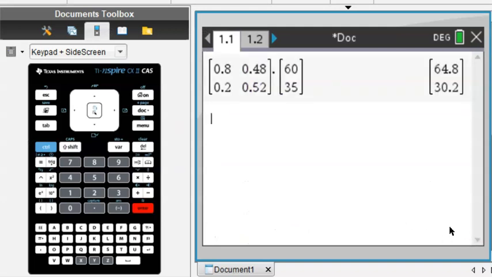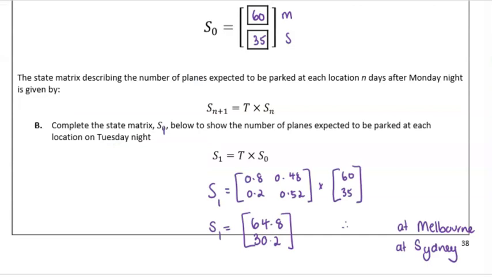And when we press enter, we will get, after one transition, we can see we've got 64.8 planes at Melbourne, 30.2 planes at Sydney. We will write down those decimal values, but then we will state our final answer. And that's where we'll do any rounding required. So 64.8, we would round that to 65 planes at Melbourne and 30 planes at Sydney.